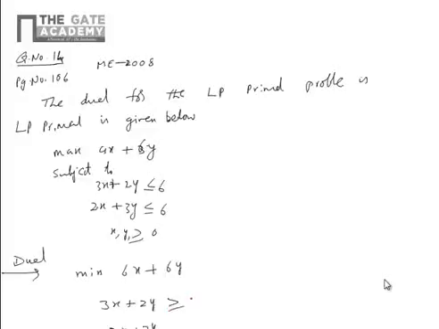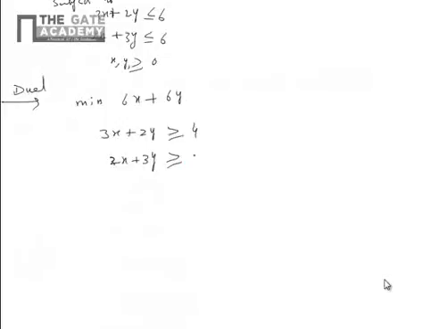The coefficients of x and y in the objective function become the constants of the constraints. The variables are non-negative, so the constraints stay the same. Here they have taken u and v; you can take u and v also, I have taken x and y only.